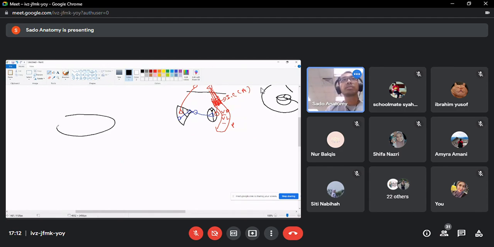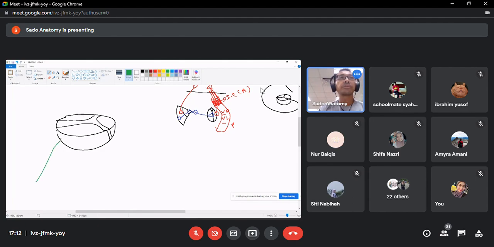This is the thalamus. Right, so this is the thalamus. Okay, a simple diagram, class. The green color, yes, class.